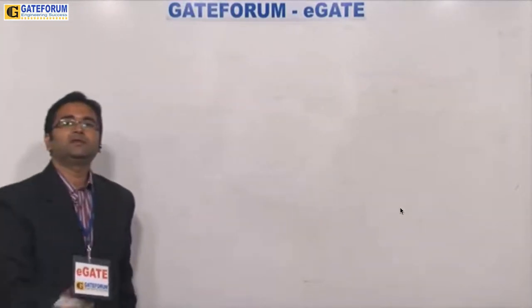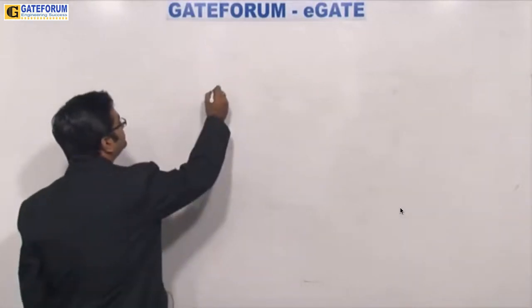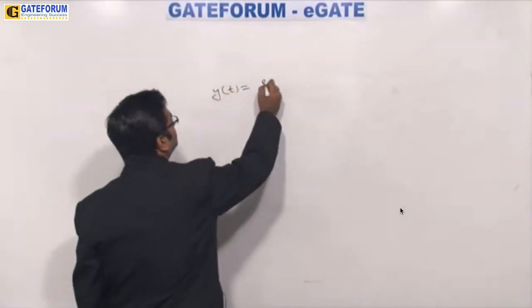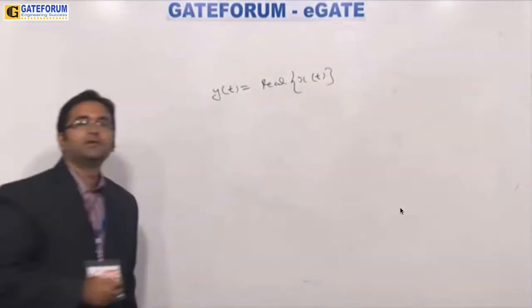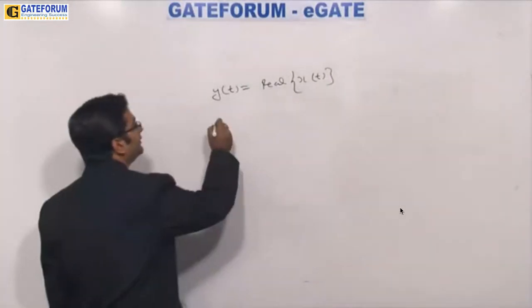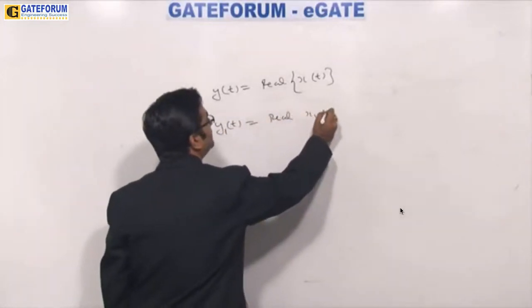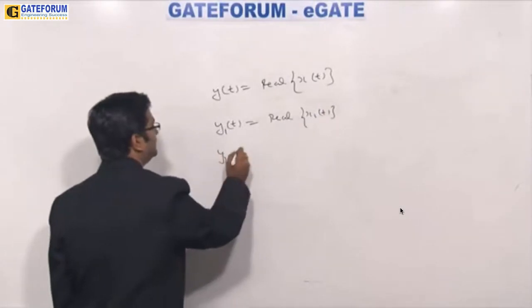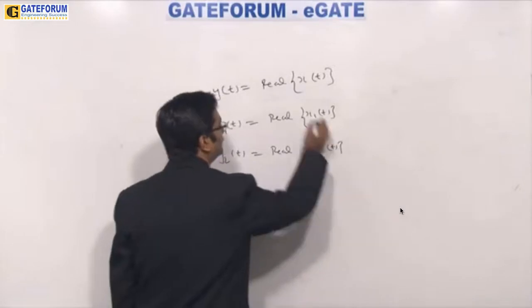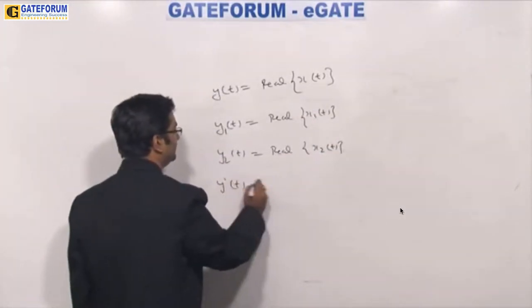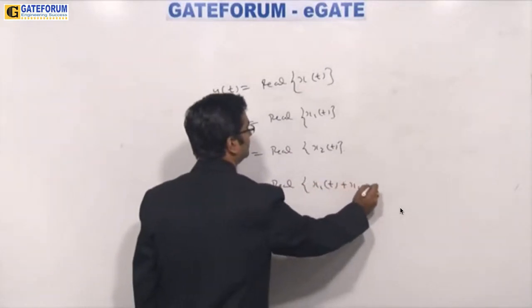Neha from Delhi is asking, is real part of x(t) linear or non-linear? It is a linear system, because if you give y1(t) equals real part of x1(t) and y2(t) equals real part of x2(t), you combine both the things, you will get y'(t) equals real part of x1(t) plus x2(t).